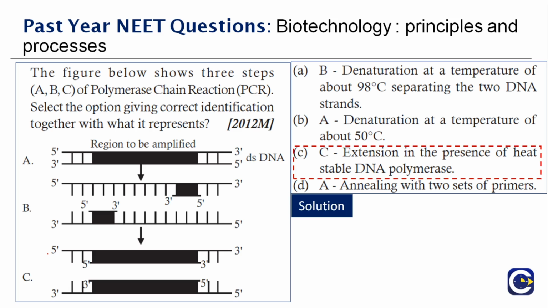The correct answer is C. Extension in the presence of heat stable DNA polymerase. So here if you see in option C, you can see extension. This represents the correct activity. Otherwise here it goes as a mistake. Which statement out of the 4 is correct? Correct is C, which they have correctly mentioned. It is an extension thing that is happening there.